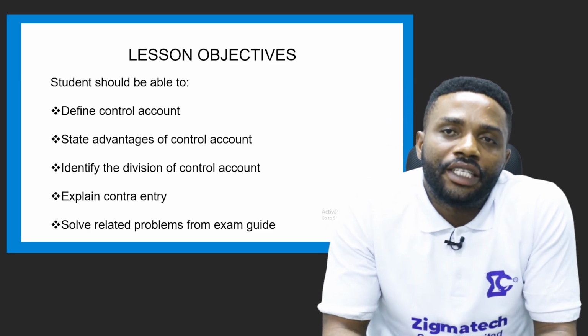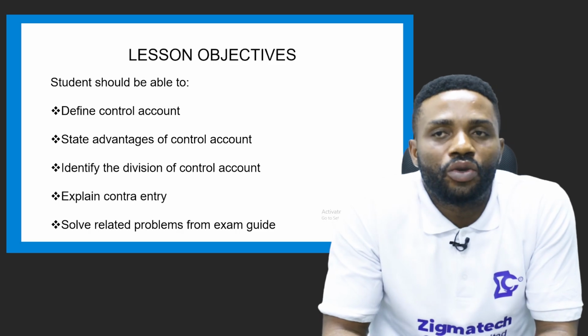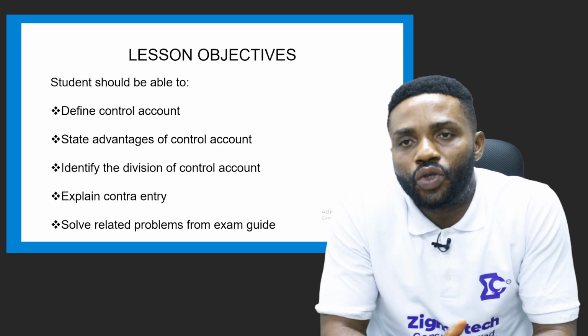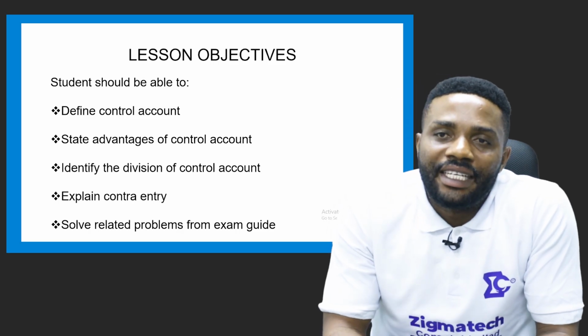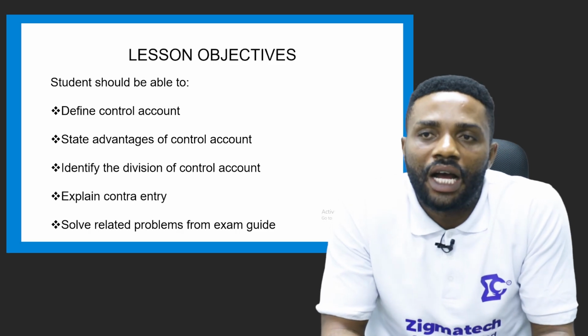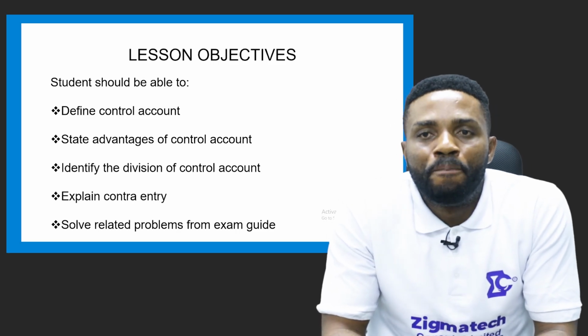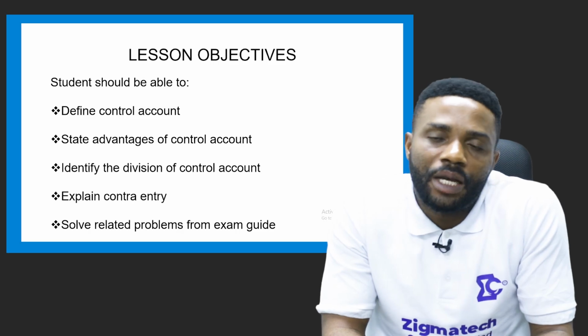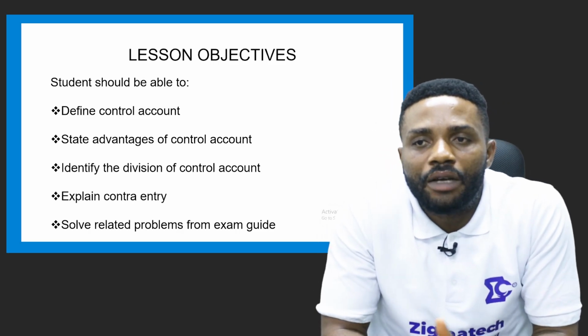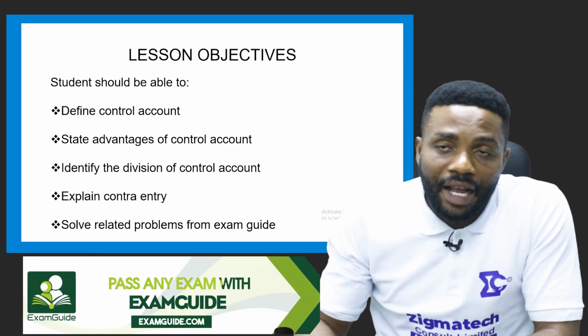How do you intend to define it, or how is control account defined? We'll look at some of the advantages of control account, and then we identify the division of control account, how control accounts are divided, and then we explain the concept of contra entry, and then we are going to solve related problems from the exam guide.